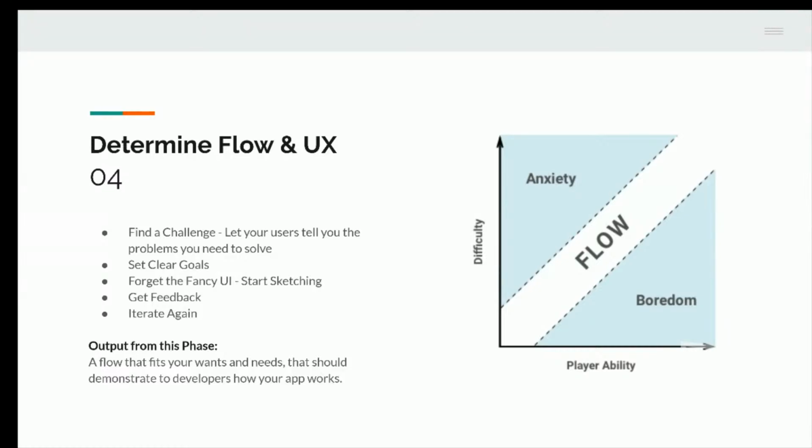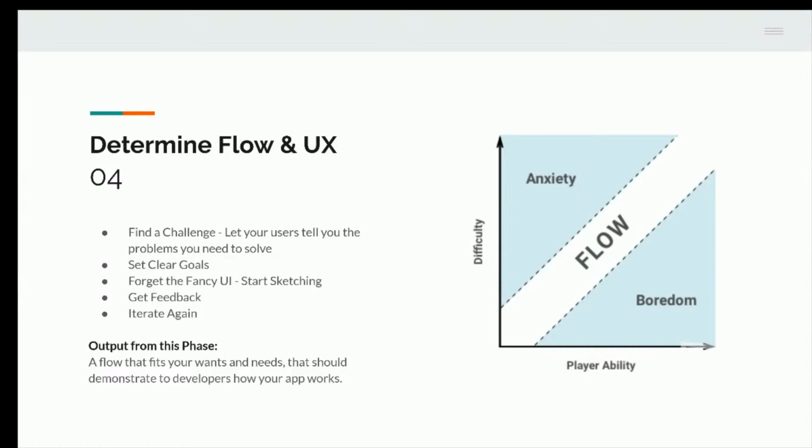If they're outside of this comfortable flow range that you see here, they get into either anxiety or boredom. Boredom means the user is just bored with the application. They don't want to use it anymore. It's horrible for them and it doesn't provide them with the satisfaction that they want.